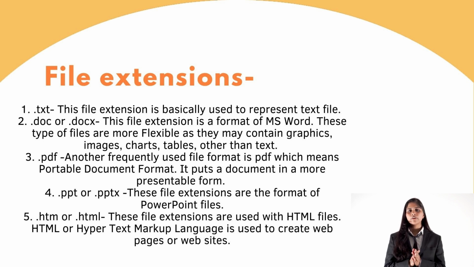These type of files are more flexible as they may contain graphics, images, charts, tables other than text. Third, there is .pdf. This is another frequently used file format, which means portable document format. It puts a document in a more presentable form. Whatever presentation you want to make, you can just make the PDF of it. It will look more presentable.